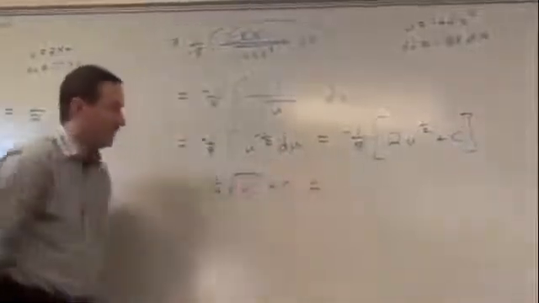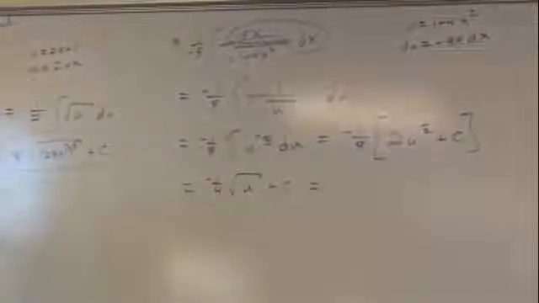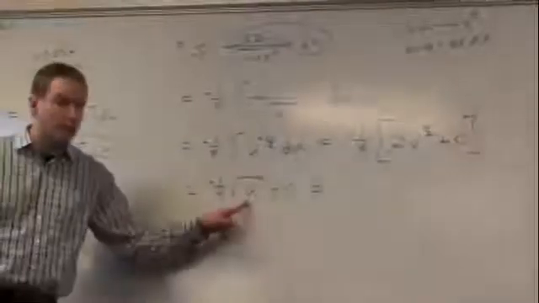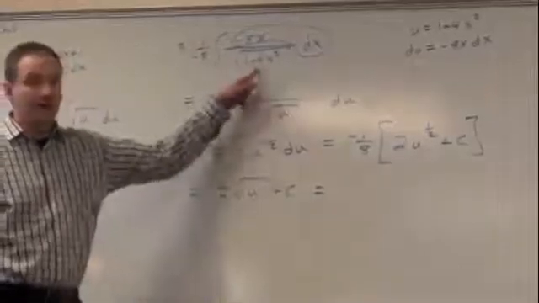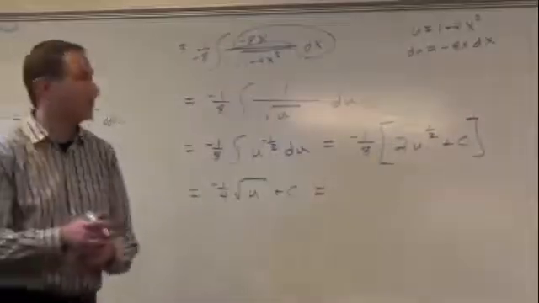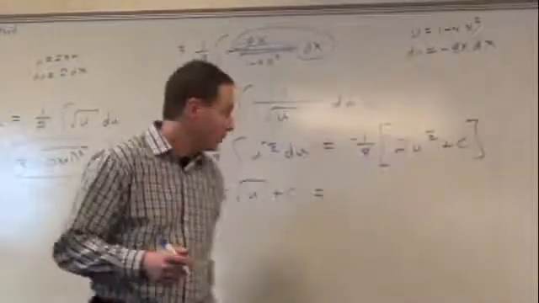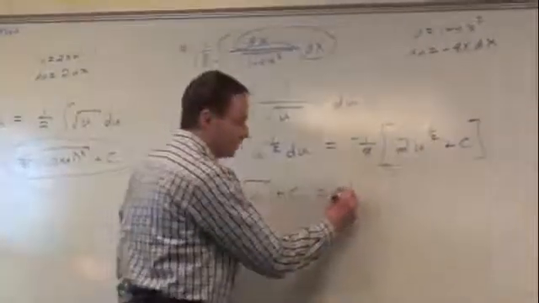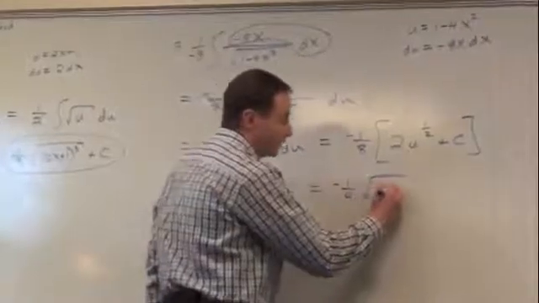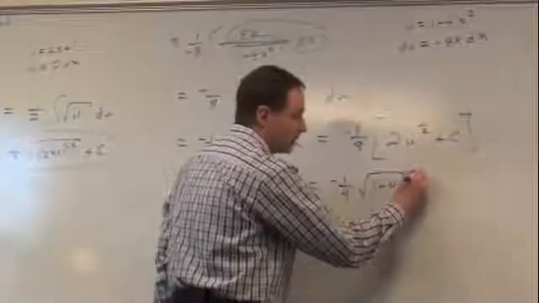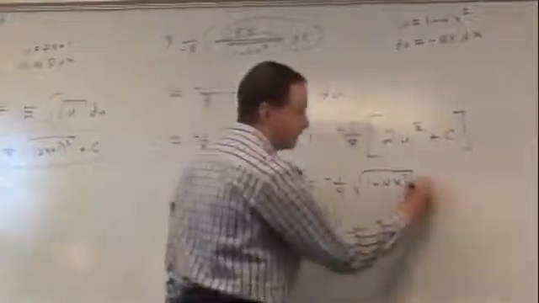And I could have gone ahead in the same step and substituted back in for u. You'll have to do that in your last step. If the problem's written in terms of x, your answer has to be in terms of x. So I'll say this is negative 1/4 on the square root of 1 minus 4x squared plus c.